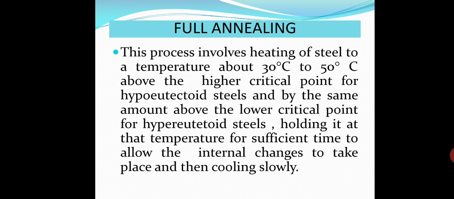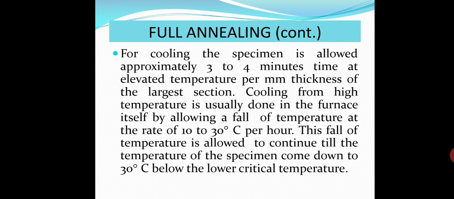Then holding it at that temperature for sufficient time to allow the internal change to take place, and then cooling slowly. In all annealing processes, the cooling rate is very slow. For cooling the specimen, as we have to cool it slowly, the specimen is allowed approximately 3 to 4 minutes at elevated temperature per millimeter thickness of the largest section.